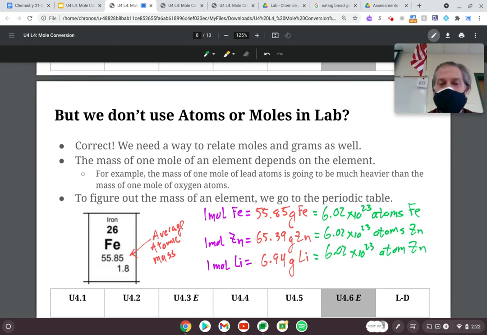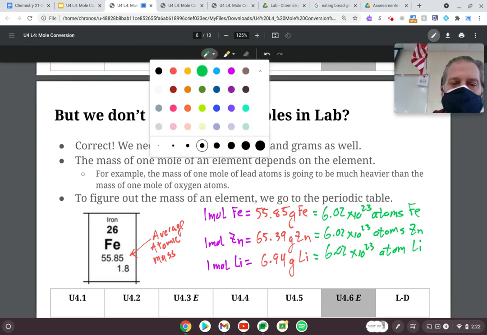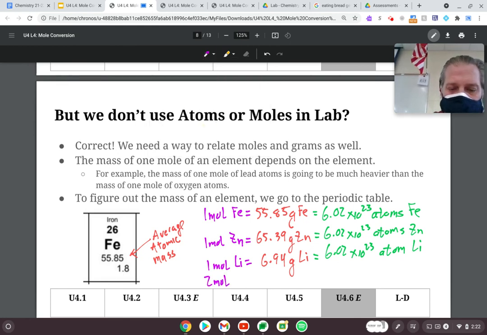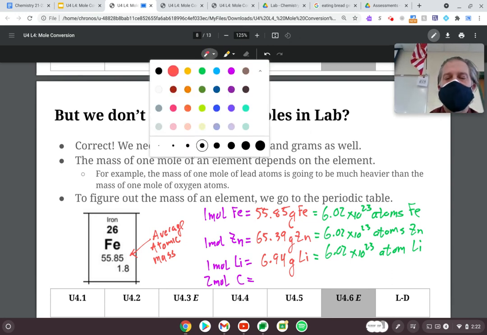But what if I wanted 2 moles of carbon? How many grams of carbon would that be?